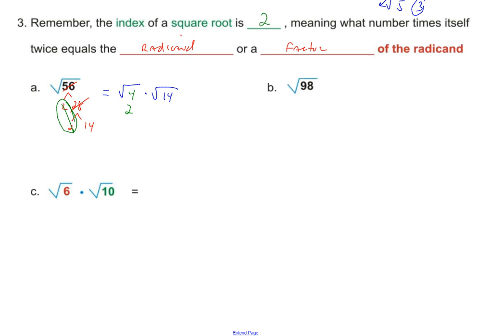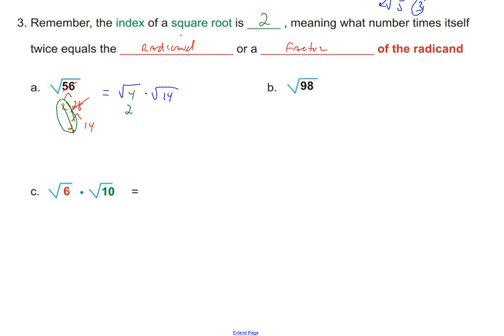The square root of a 3 times 3 is a 3. What's the square root of a 7 times 7? 7. What's the square root of an 11 times 11? What's the square root of an x times x? X. What's the square root of a z times z? Z. The square root of any two things that are the same is it.